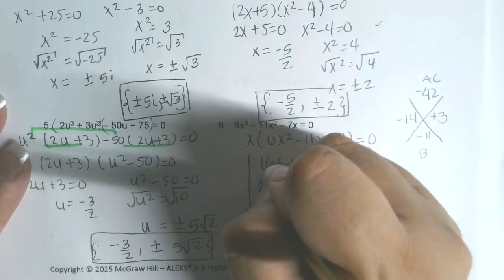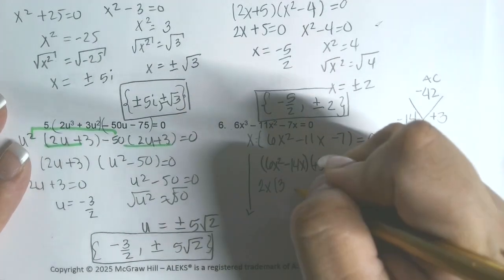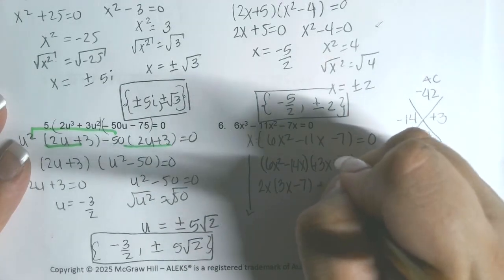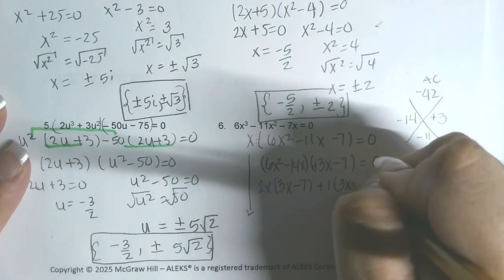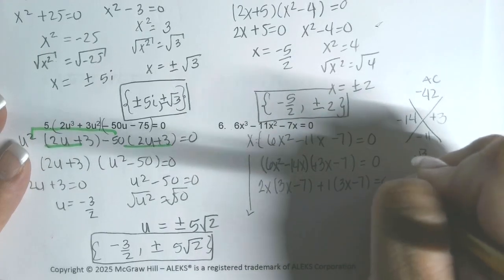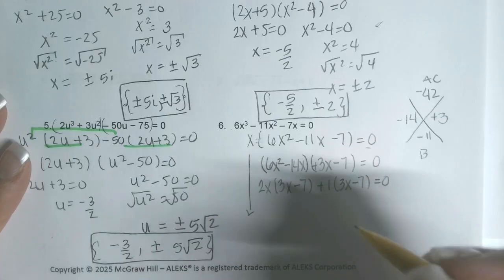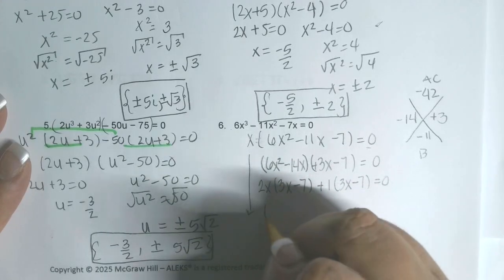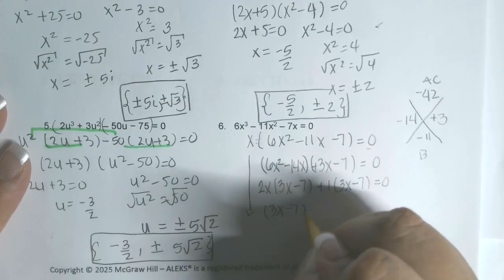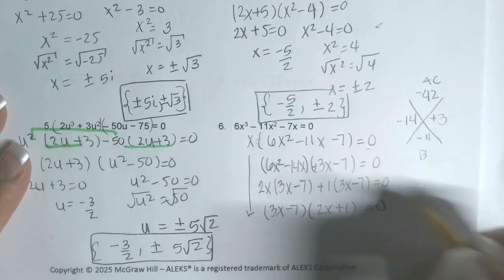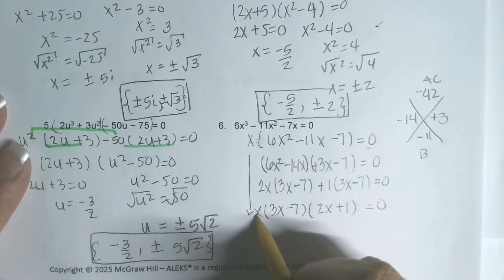I'm left with 2x, so I get 3x minus 7 plus 1, and then 3x minus 7. All of that is still equal to 0. I'm going to get 3x minus 7 and then 2x plus 1 equals 0. Don't forget to include the x.